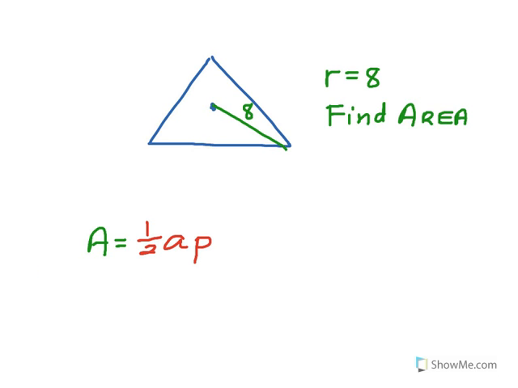Okay, so 3 quick examples, one with a triangle, one with a square, and one with a hexagon. So first, let's just say that this is an equilateral triangle, and the radius is 8 from center to a vertex. So I'm going to sketch in an apothem, and I'm going to use the fact that I now remember that 3 sides means a 30-degree bottom angle.